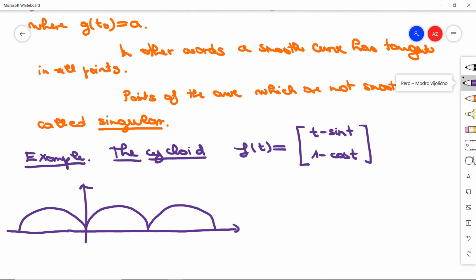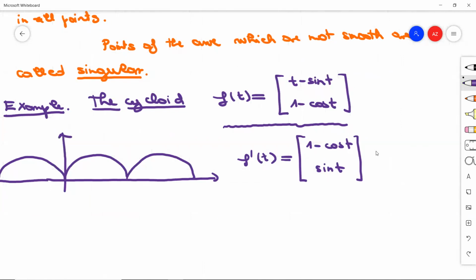So is this a smooth curve? We know from above that the curve is smooth if there is a parameterization such that the derivative in this point is not 0. So we have here one specific parameterization of the cycloid. And let's see what can we infer from it. So f'(t). What's f'(t)? So it is (1 minus cosine of t, sine of t).